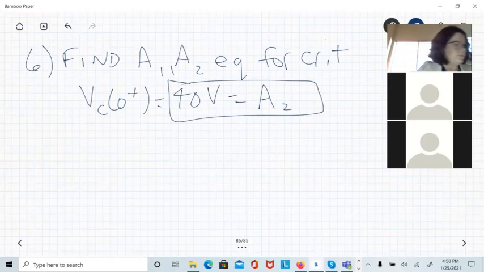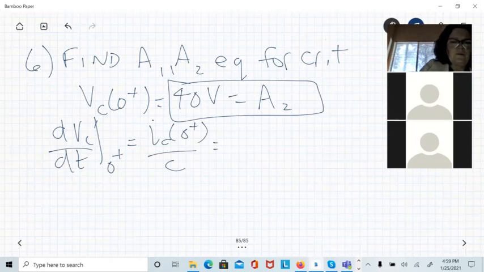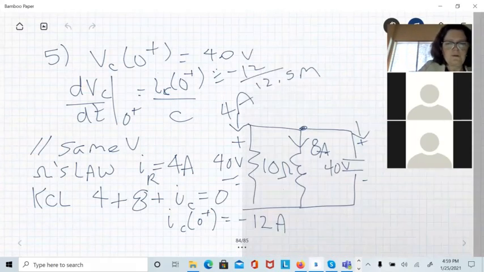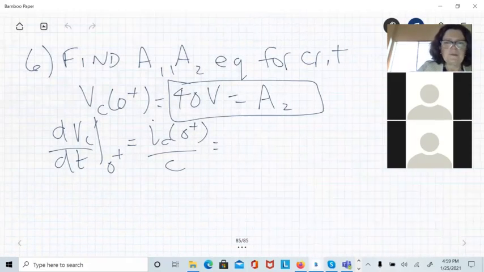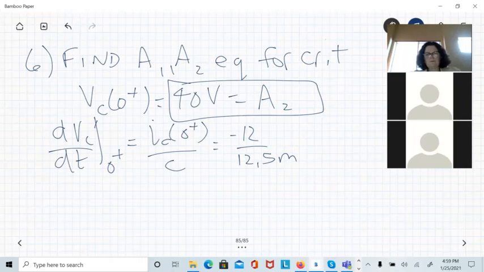The other one doesn't involve a system of equations either. dVC/dt at t equals 0 plus equals IC of 0 plus over C, which was minus 12 over 12.5 milli, and milli is my shorthand for times 10 to the minus 3. So that equals A1 minus alpha A2.